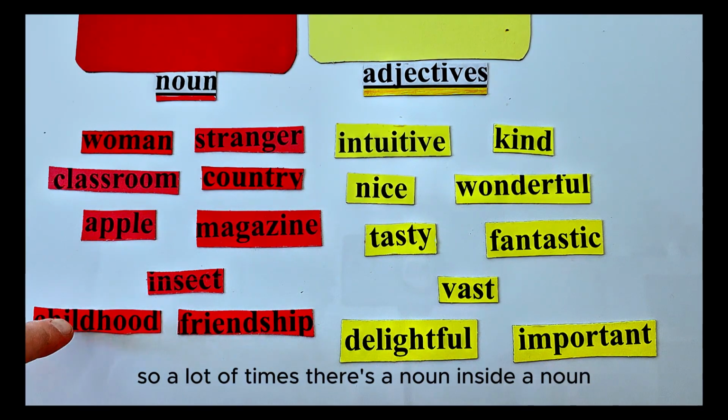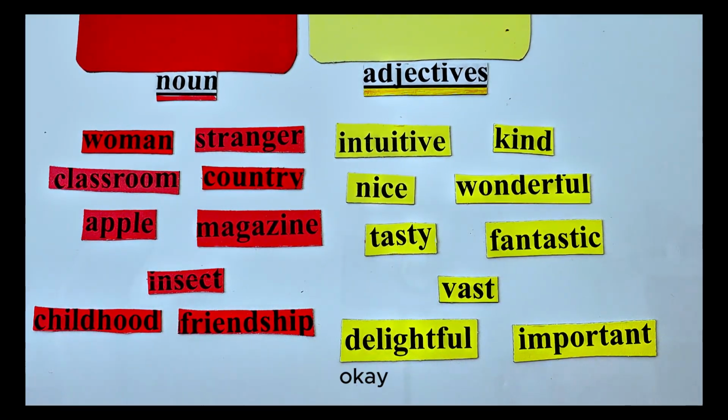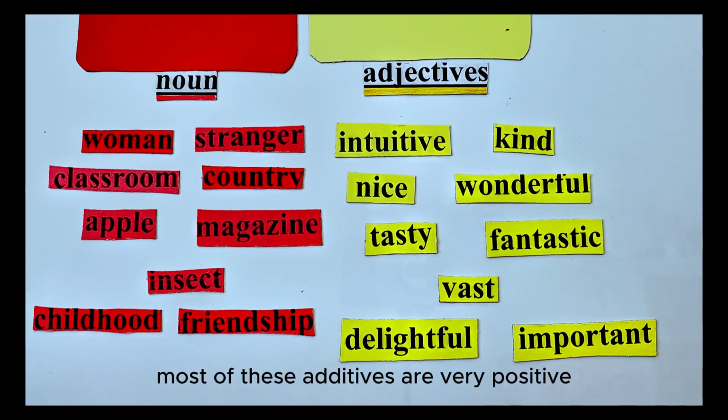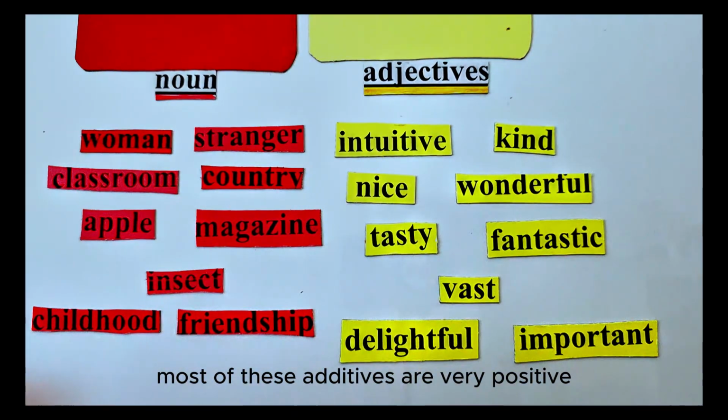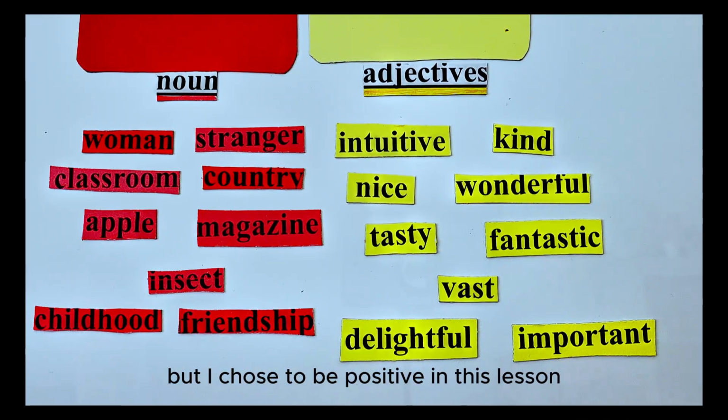So a lot of times there's a noun inside a noun. Okay, let's look at the adjectives. Most of these adjectives are very positive. We can still have negative, but I chose to be positive in this lesson.